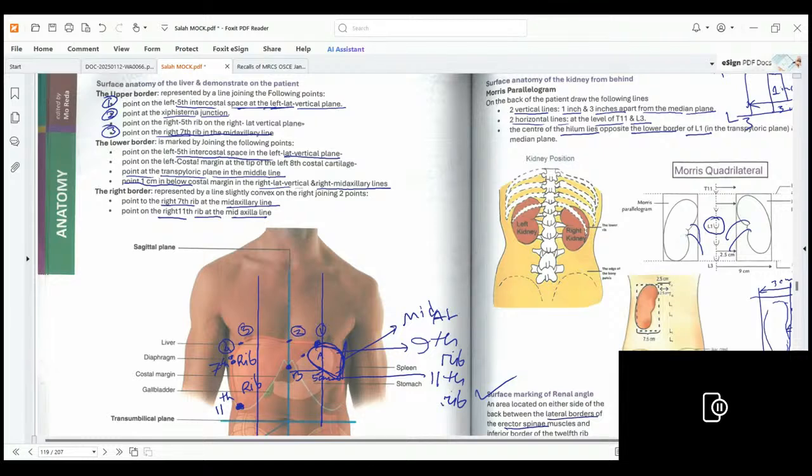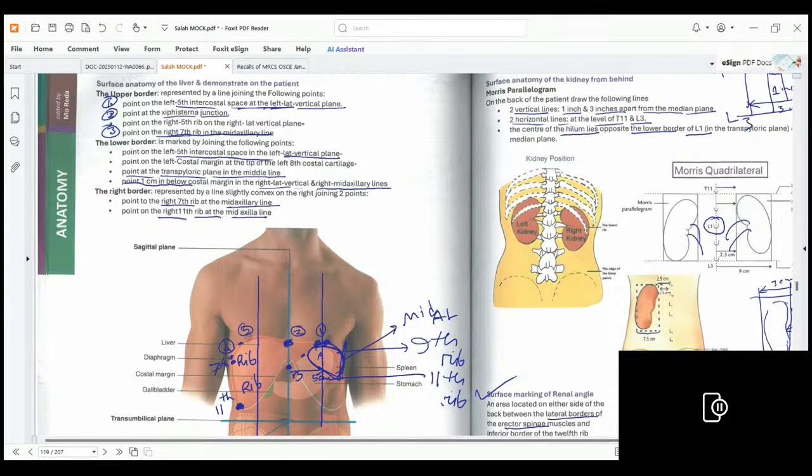Then the second point at the xipho-sternal junction.